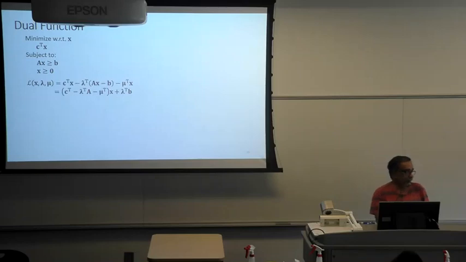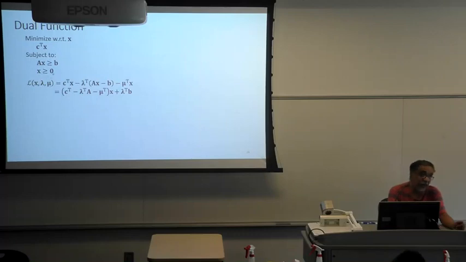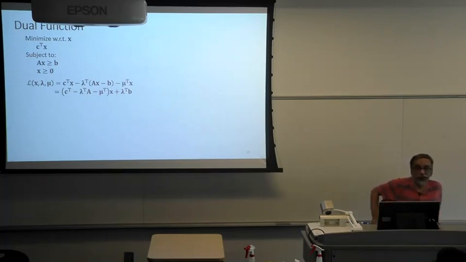Construct the Lagrangian. Now, this mu would be a little misleading because this mu corresponds to inequality constraints. I'm using lambda and mu for inequality constraints. Mu is not for equality constraints, unlike in my other lectures, so don't get confused.